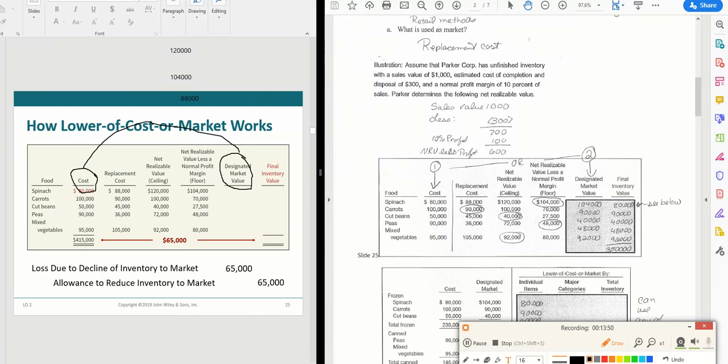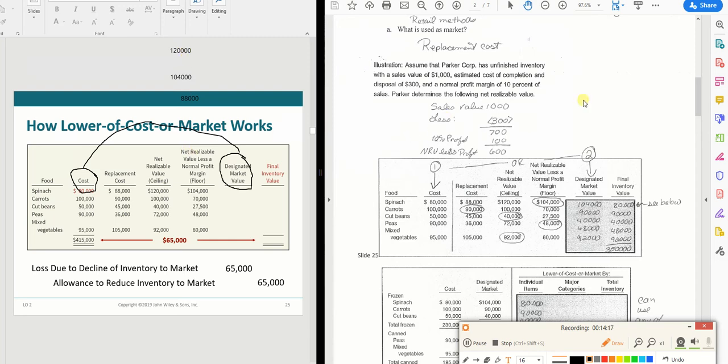Okay, so in other words, the replacement cost goes below the floor, so I need to use my floor. A good way to do this, if you visually need to draw it out, is just draw 120,000 as your ceiling. I can't go above that. I can't go below the 104,000. So if my replacement cost was 130,000, I can't go above the 120, so I stop there.